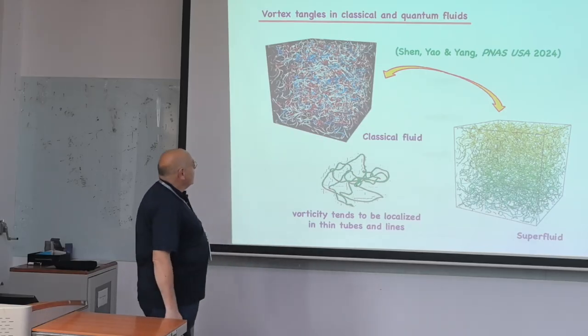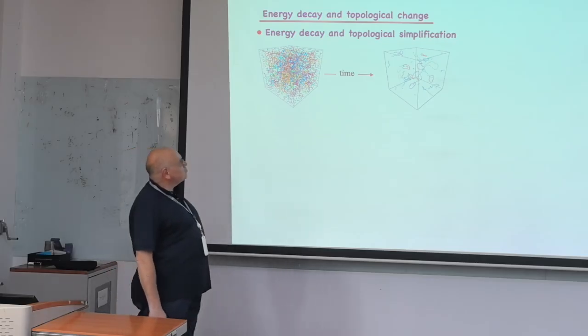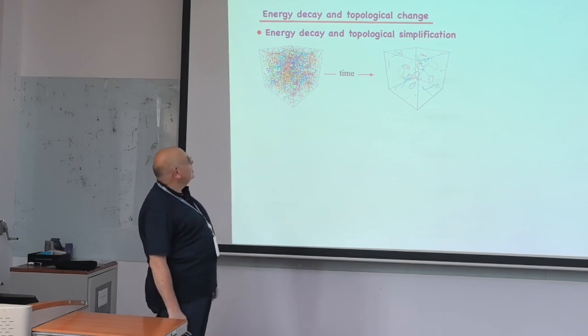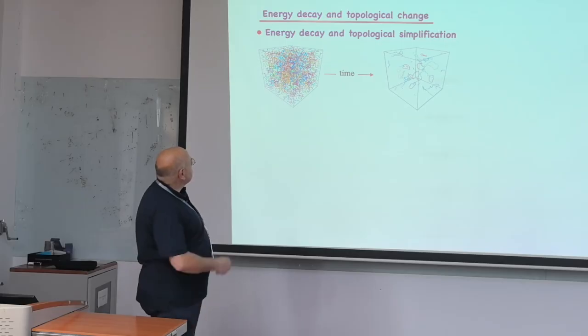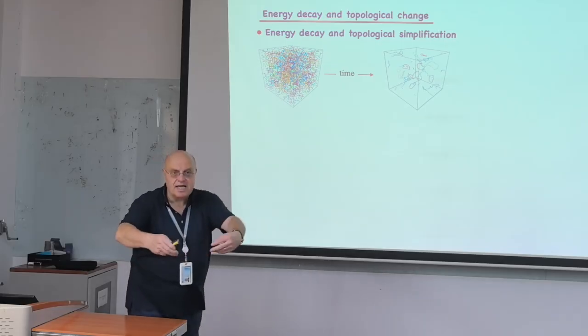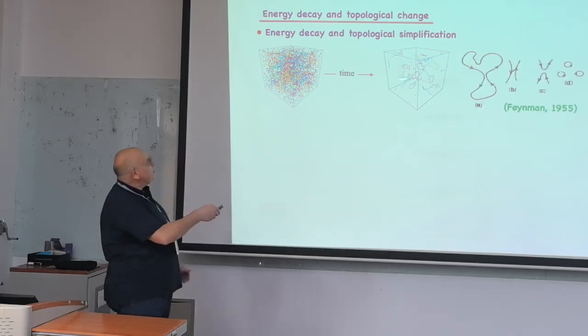Okay, so the question is to relate energy decay to topological simplification. Remember, this is the initial state, this is the final state, and I will be quick here. Why does this happen?